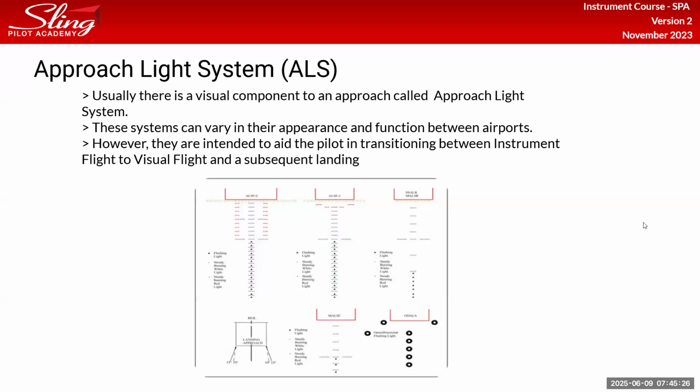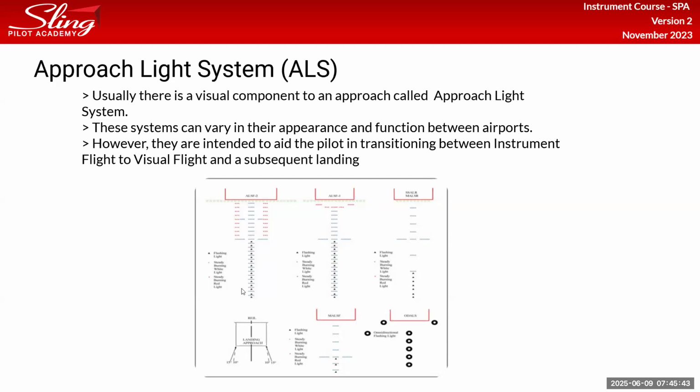So this is what they're going to look like. As you see, they're very similar, they just look different. You have the green lights here at the runway, and the red lights, usually some flashing lights.